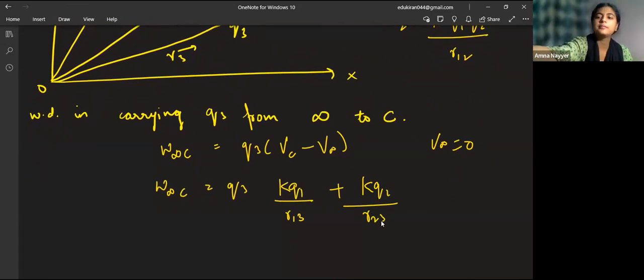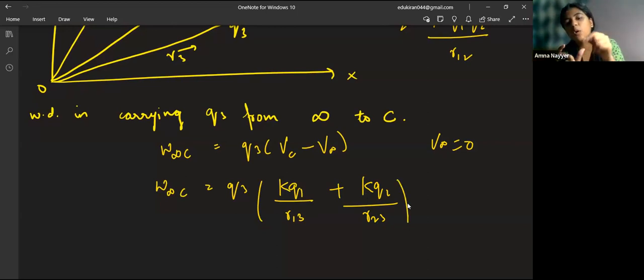So V becomes K Q1 divided by R13 plus K Q2 divided by R23. Fine. This is just VC. VC means potential at point C. That will be due to charge Q1 and charge Q2. Separation between Q1 and Q3 was R13, so we took it as R13. Separation between Q2 and Q3 was R23, so we took it as it is.